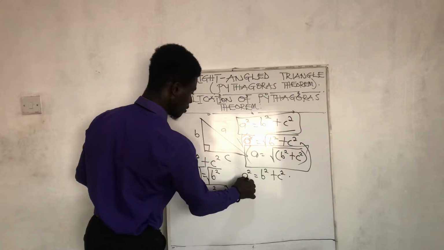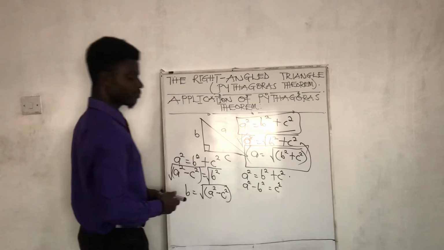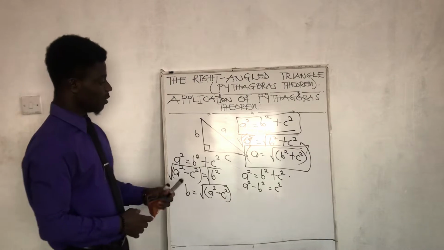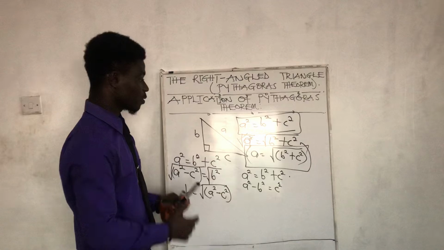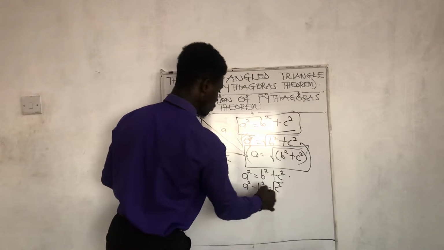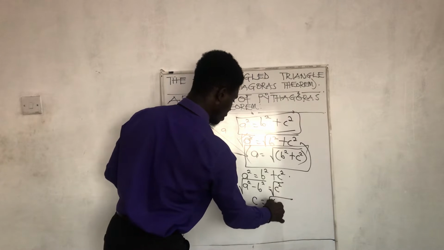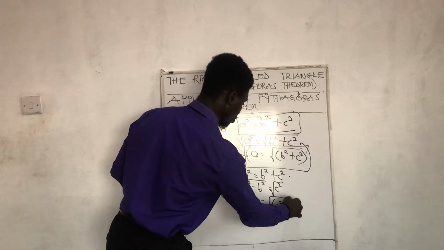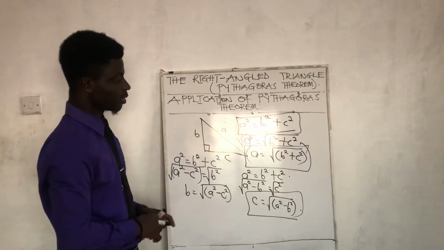So A squared minus B squared equals C squared. Now we take the square root of both sides. So I get C equals the square root of A squared minus B squared. So that's how it is.